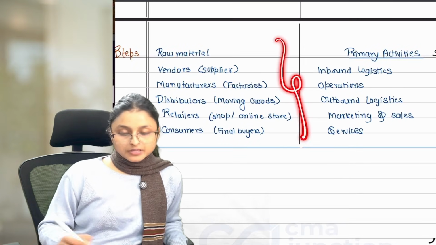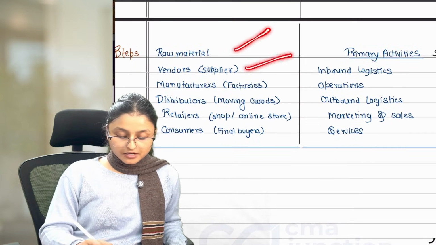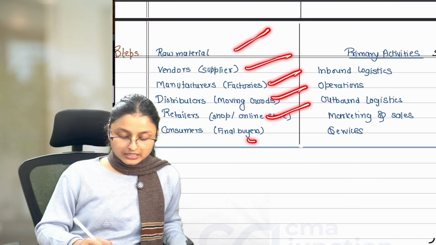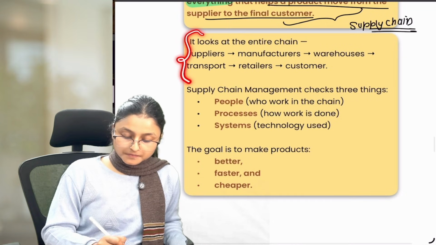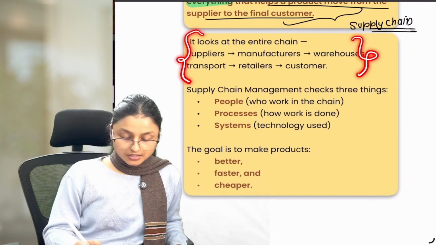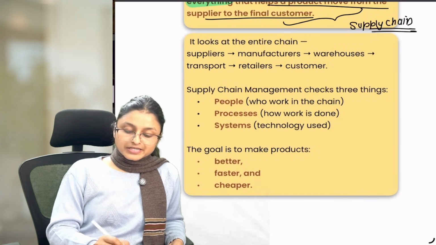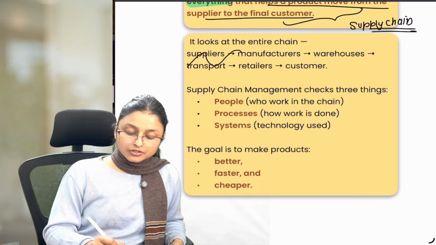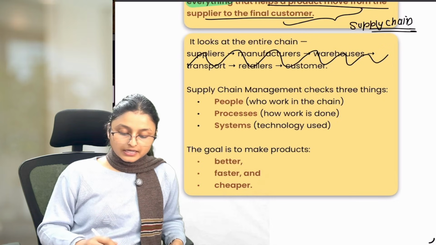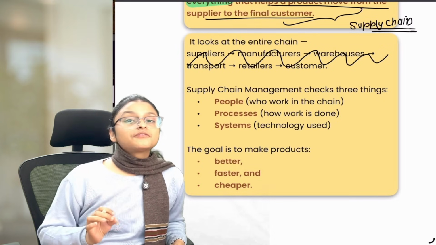We are going to manage every step of supply chain, whether it be raw material, vendor, manufacturer, distributor, retailer and consumer. If you notice in this definition in your book, it includes the entire chain, but the same entire chain is presented somewhat differently. I'll suggest you, for having no confusion, just remove it and write the same steps which we have written above.